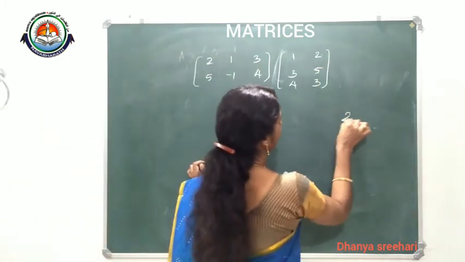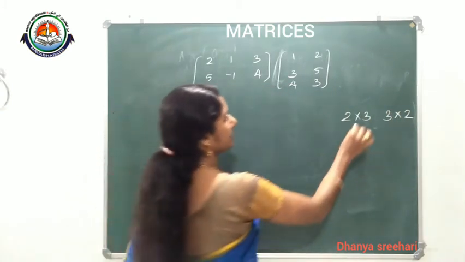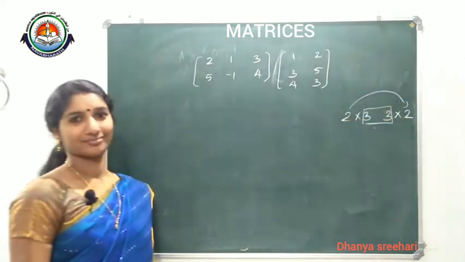Here we are multiplying a 2 by 3 matrix with a 3 by 2 matrix. These two numbers are equal, so we will get a 2 by 2 matrix.